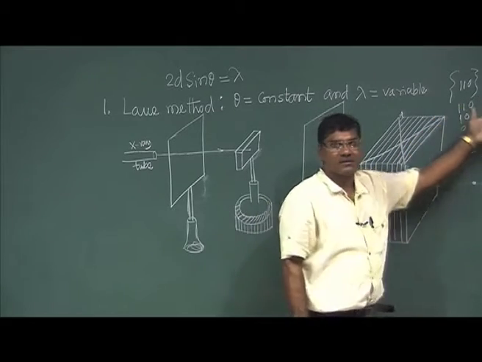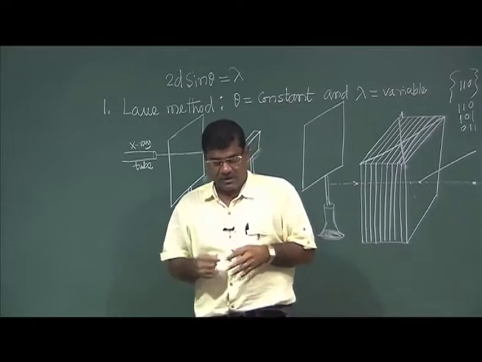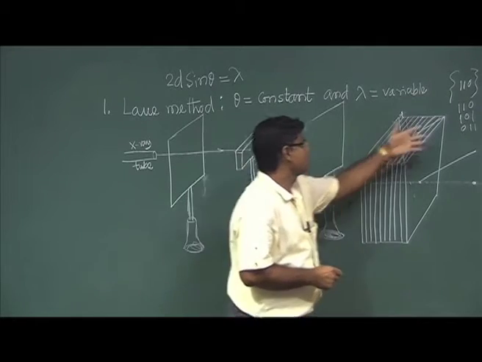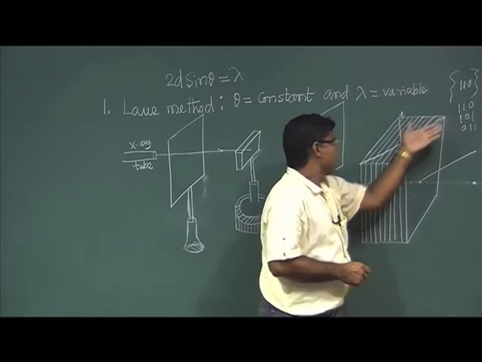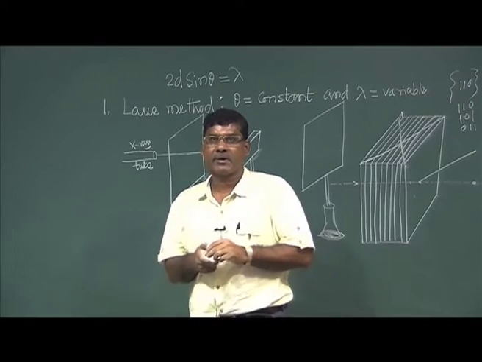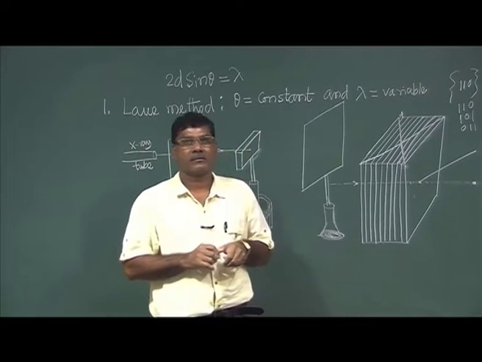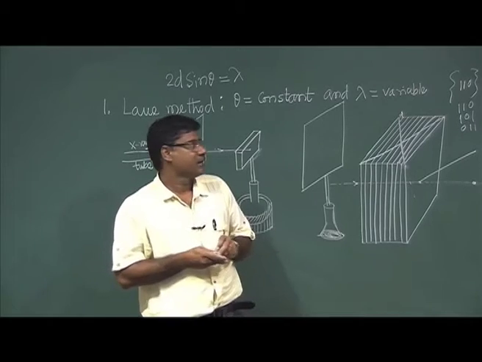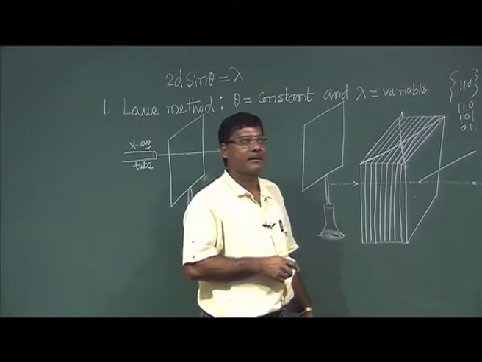So 1 bar 10 etc. These planes form a family, and these planes are basically equivalent. Their orientations are different, but there is a symmetry, and the lattice point density on these planes is the same, right.